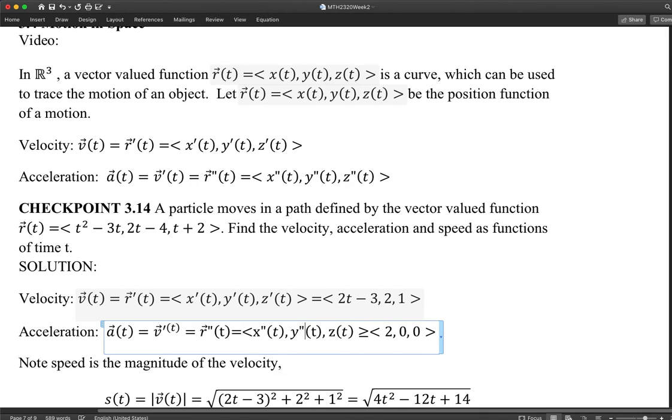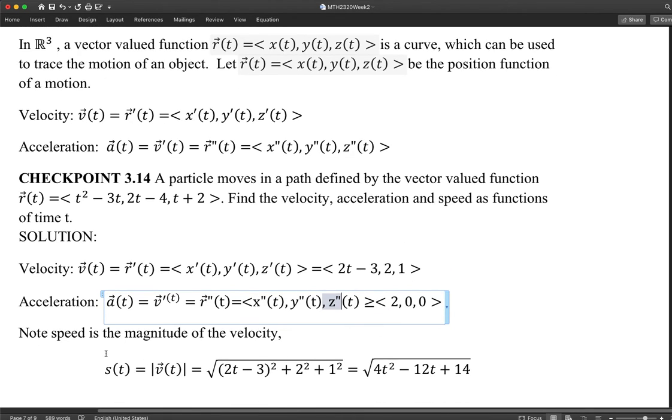So you take the derivative of the velocity. The derivative of 2t is 2, the derivative of 2 is 0, and the derivative of 1 is 0 too. So the acceleration turns out to be a constant, or rather, a constant in a fixed direction.